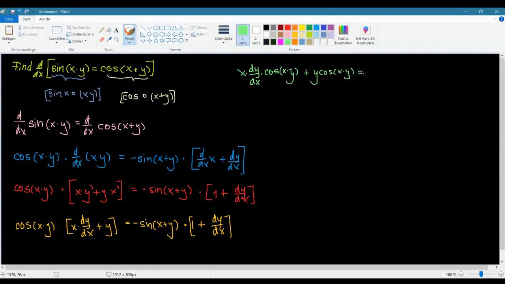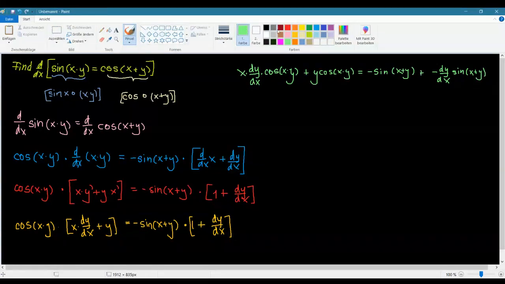And on the right, we're going to end up with negative sine of x plus y plus negative dy over dx times sine of x plus y.